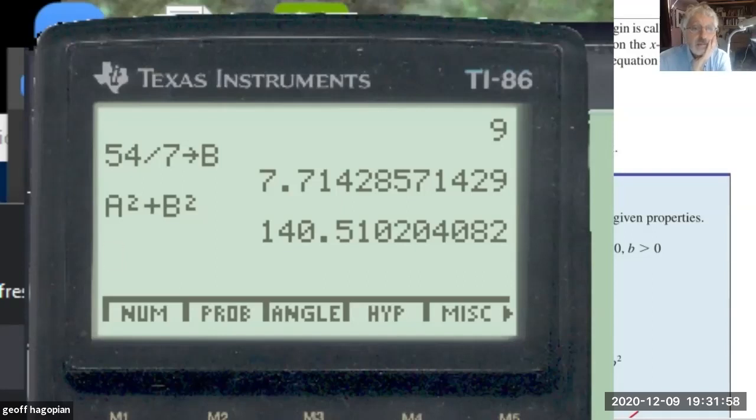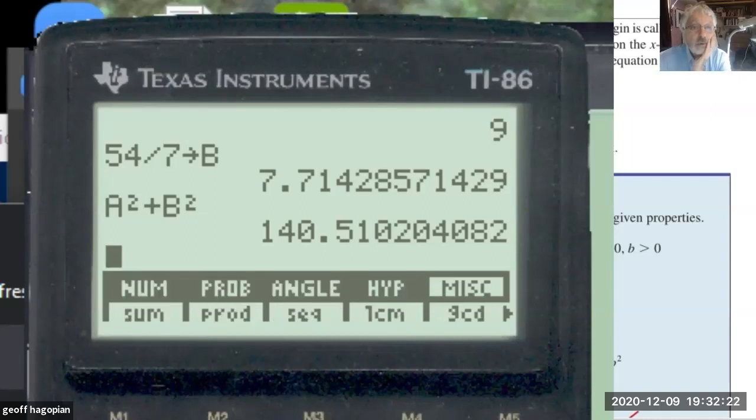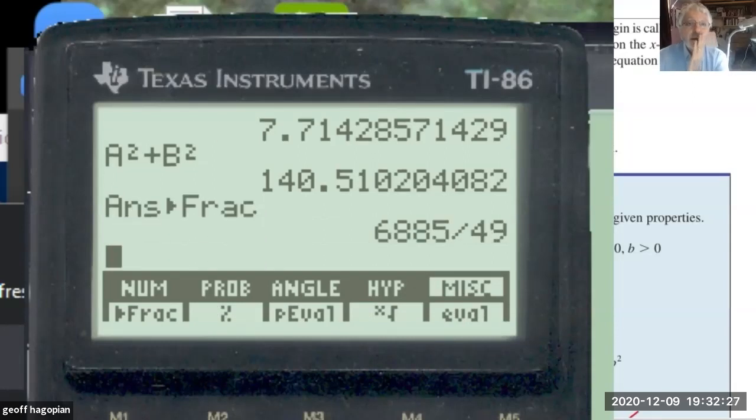Probably not, huh? Is it under, well, you can always go to the catalog. I'm just kind of surprised it's not on the math menu. Did I look under miscellaneous? More? Oh, there it is. Convert to fraction. Okay. Yeah, 6885.